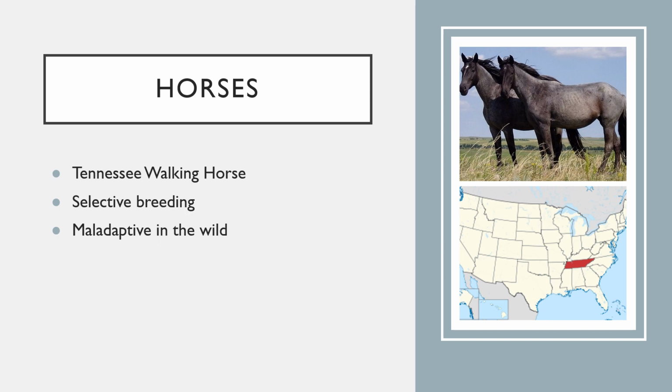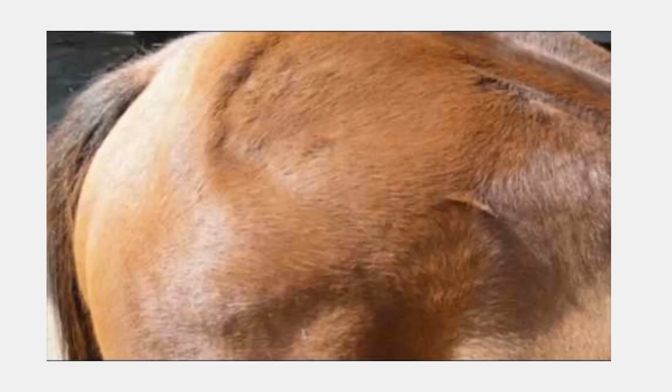And this would definitely be maladaptive in the wild because it would hinder the horse's ability to get away when it is startled. As you can see in the video, the horse's leg muscles are having a delayed relaxation.